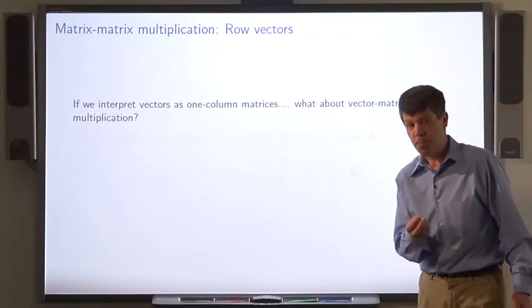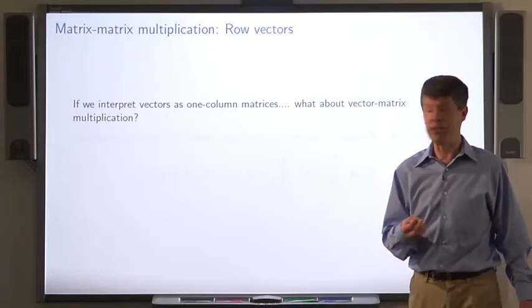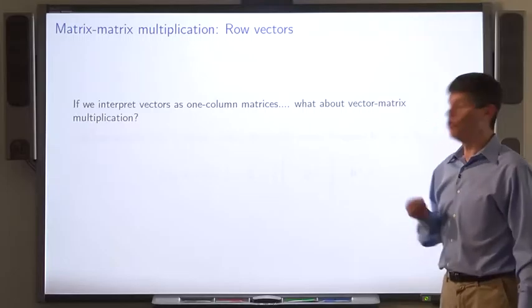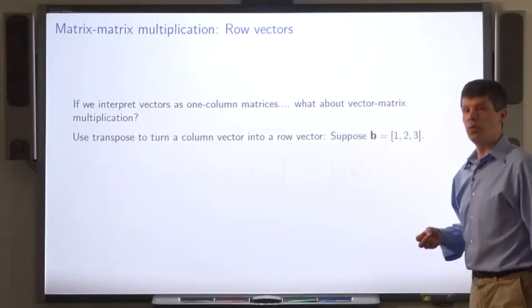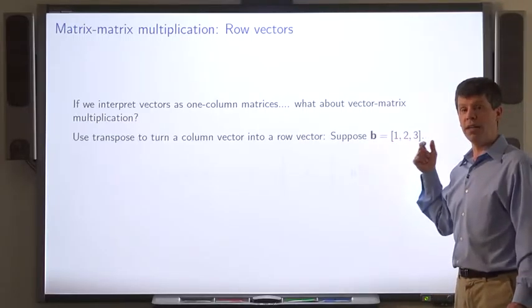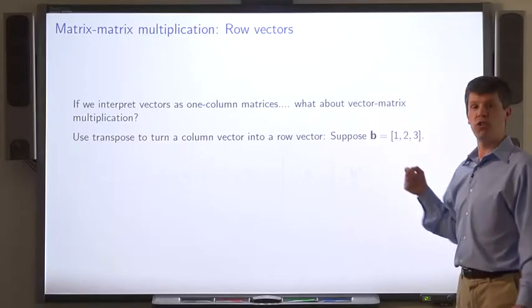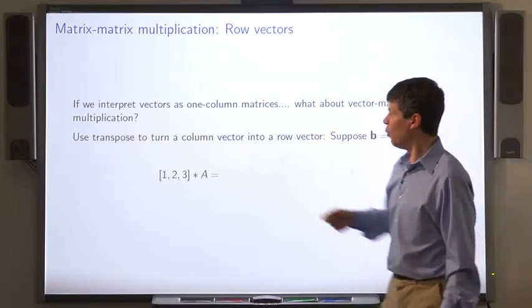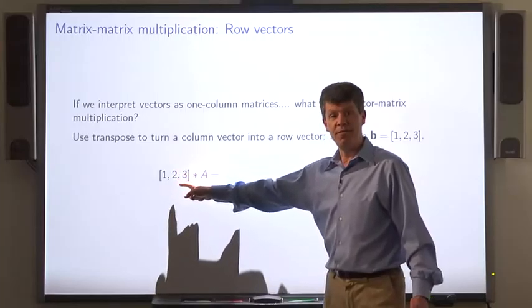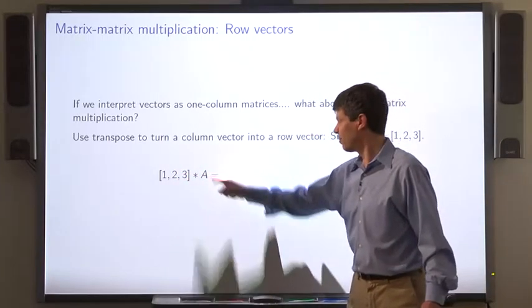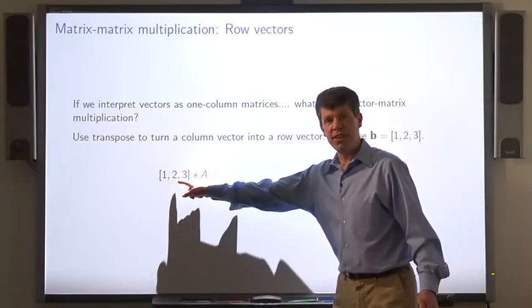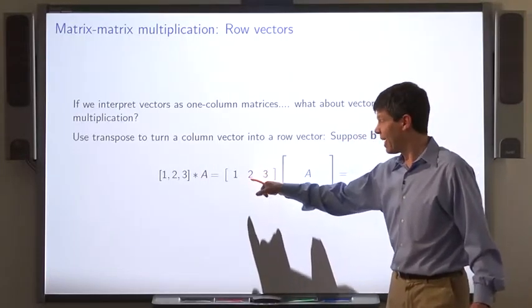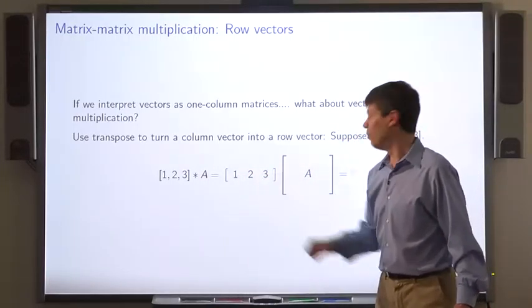Now, if we interpret vectors as one column matrices, how are we going to get vector matrix product? We use the transpose. We can turn a column vector into a row vector. So suppose you have the vector B, 1, 2, 3, and you want to take the product of this vector with a matrix. Consider this vector as a row matrix, that is, a matrix with only one row.